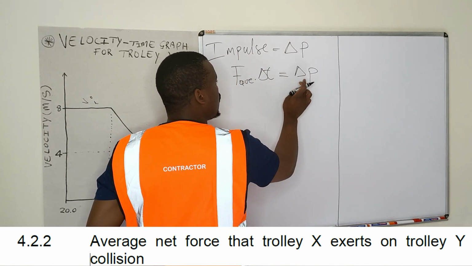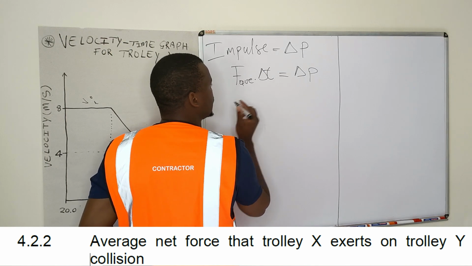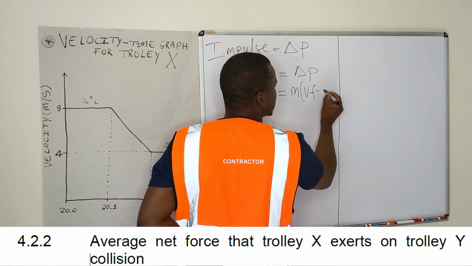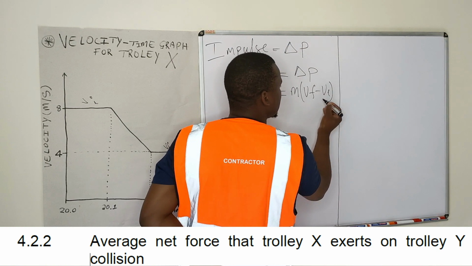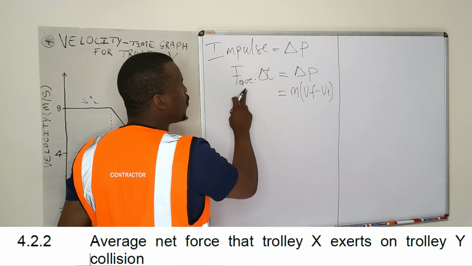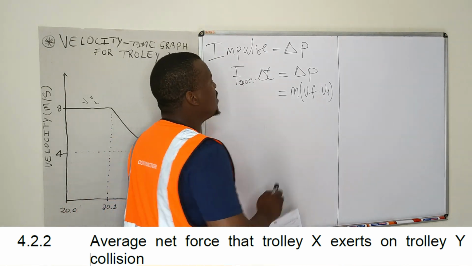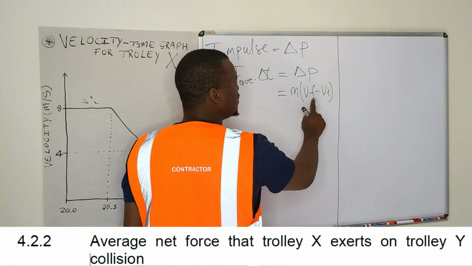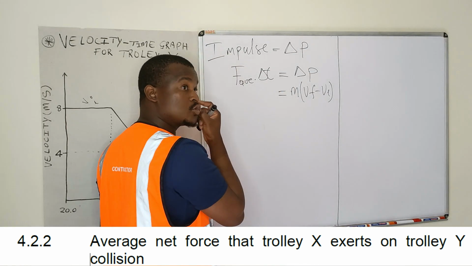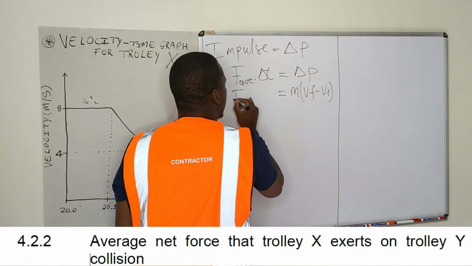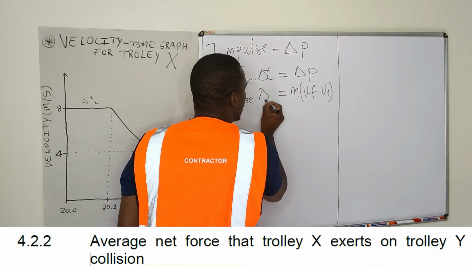So what do we have here? You know that this is equal to m (vf minus vi), vinitial of X. So we want to find the average force, right? We have everything here. We have the initial velocity, final velocity, the mass of the trolley. Now, we want the average force.